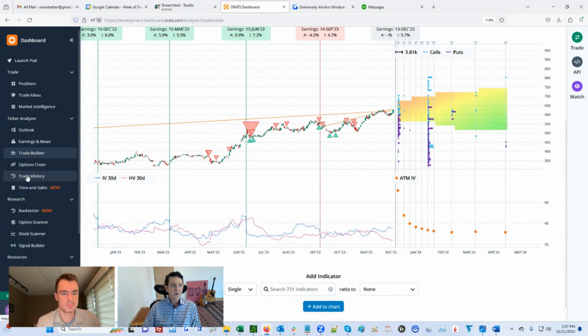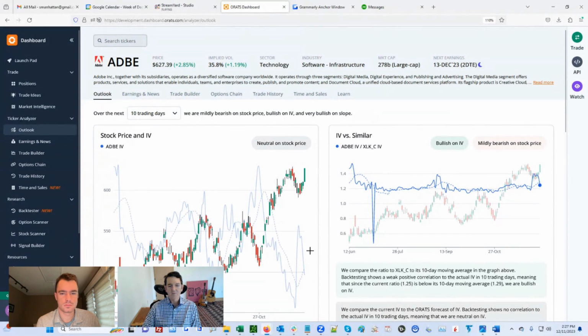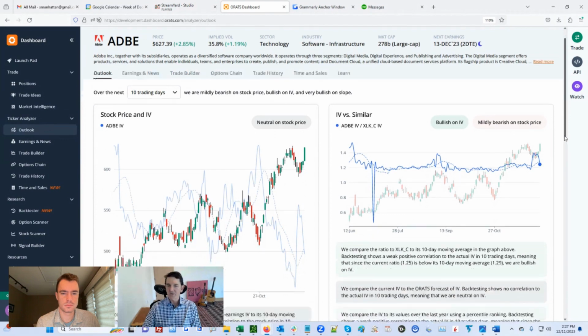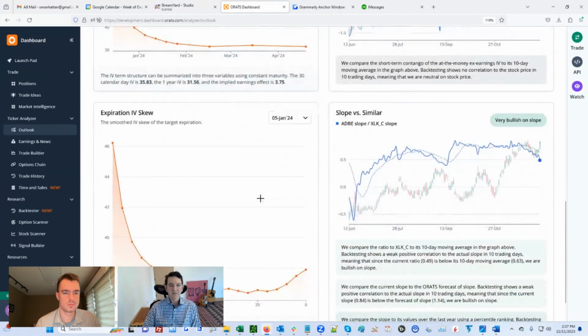Now, if we were to go check out the outlook for this, where we use the ex-earnings, you could see in the mouseover, hopefully, that the implied volatility is 26. So that's one thing Tyler was talking about. The other thing was this. So this is the term structure, and this is the expiration skew.